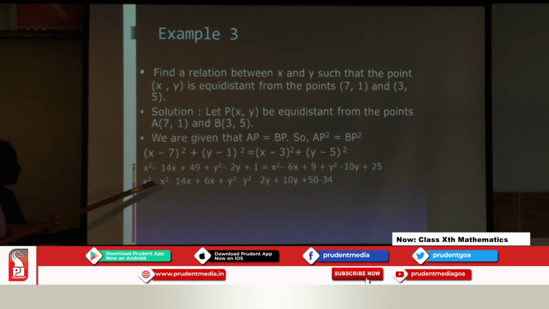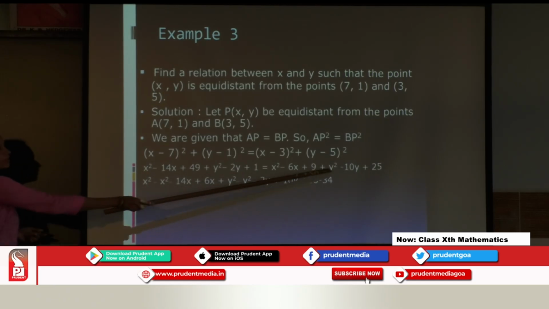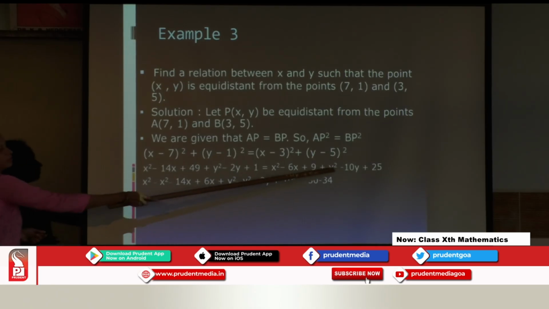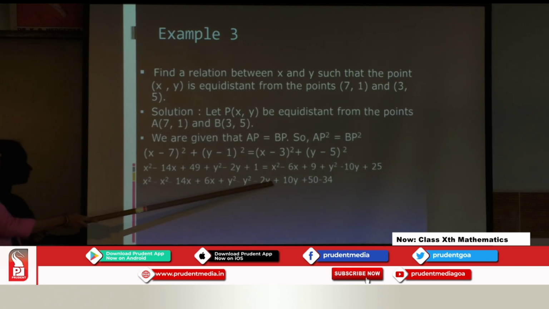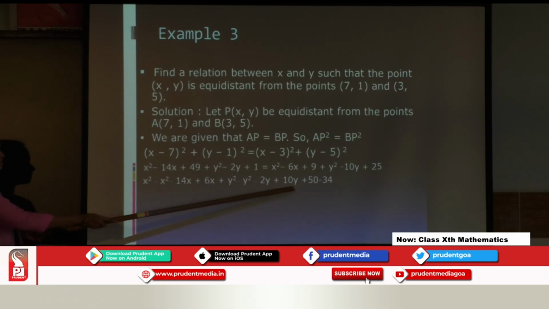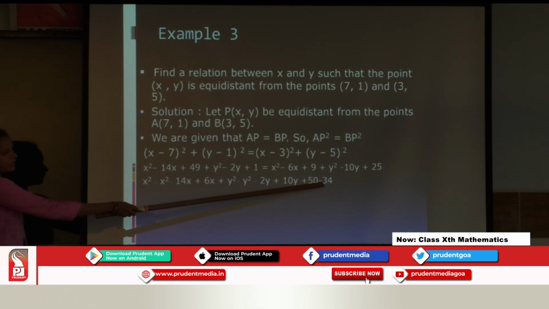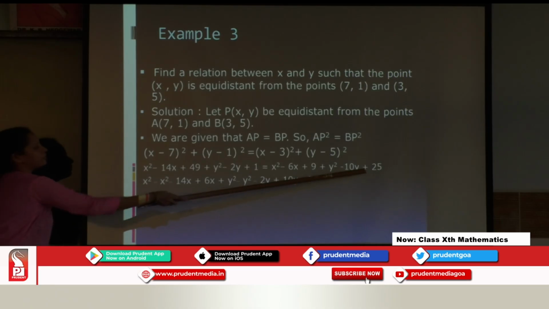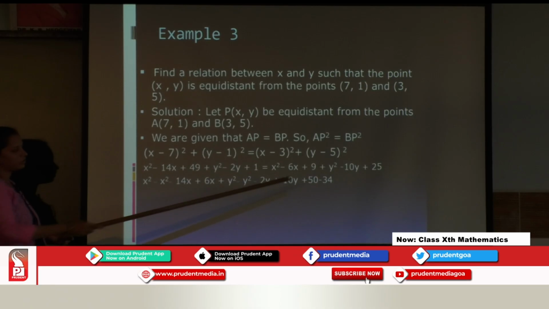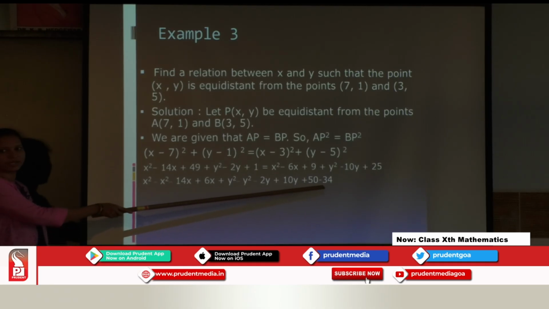So this is equal to x square minus 14x plus 6x plus y square, and this y square will come this side, so it will become minus 2y plus 10y, this is minus here, so it will become plus here, plus 50, that is 49 plus 1, it is equal to 50, minus 34, that is 25 plus 9 is equal to 34. Since we are taking it on this side, it becomes minus 34.